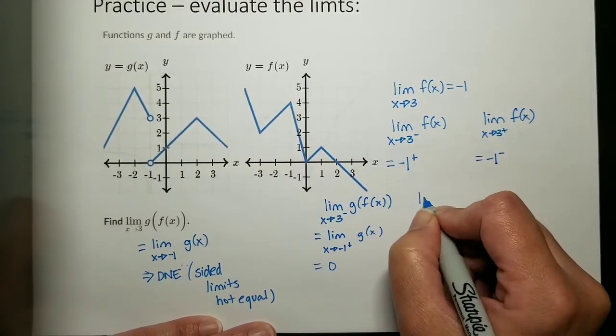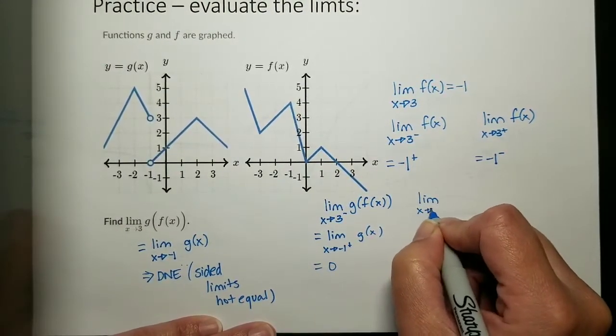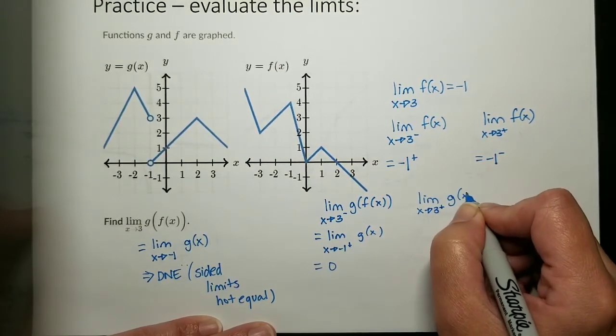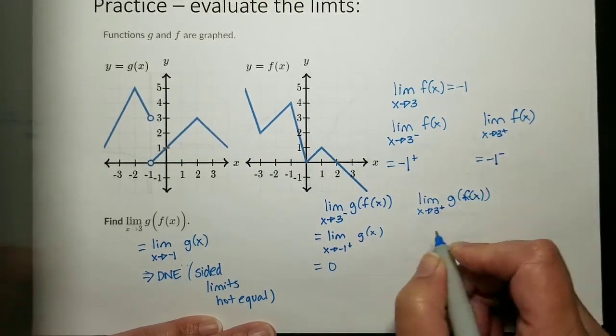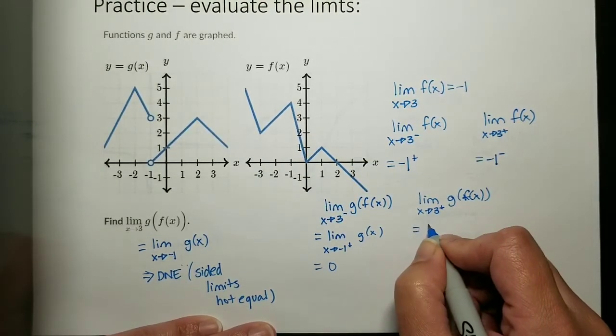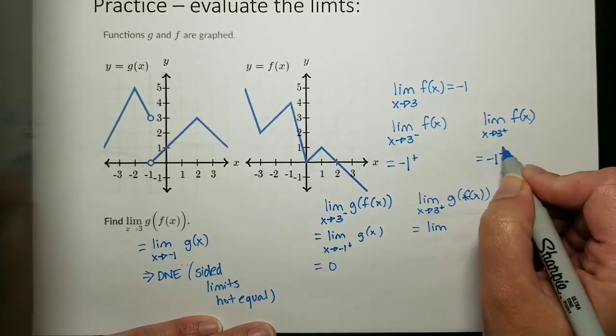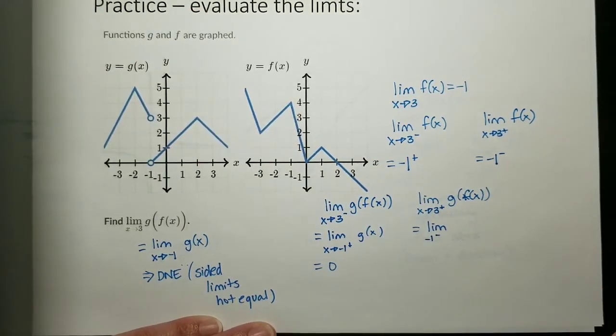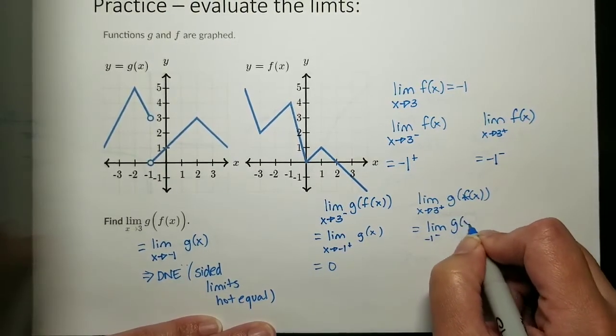And then the limit as x approaches 3 from the right of g of f at x would be the limit, and now we've got this side. If we approach the 3 from the right, we get out a -1 from the left, from below of g at x.